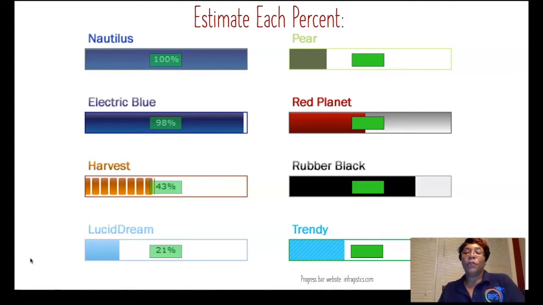Lucid Dream, 21%. Pear, 23%. Red Planet, 47%. Rubber Black, 78%. And Trendy, 34%. It's an estimation. Now, we can't be too far off, but we want to be as close as possible. Excellent work.